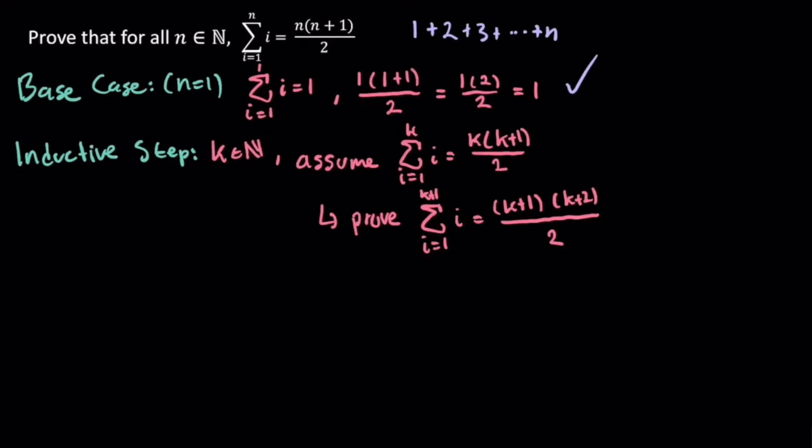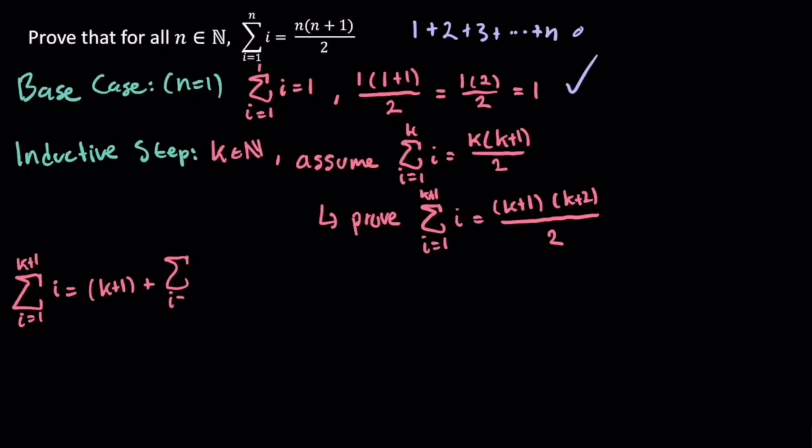So let's get started. We have that the sum from i equals 1 to k plus 1 is equal to, and if we look at what I wrote before right here, this just means 1 plus 2 plus 3 plus 4 all the way to k plus 1. So we can actually separate this into two components. We could separate it into k plus 1, and we could also separate it into another summation.